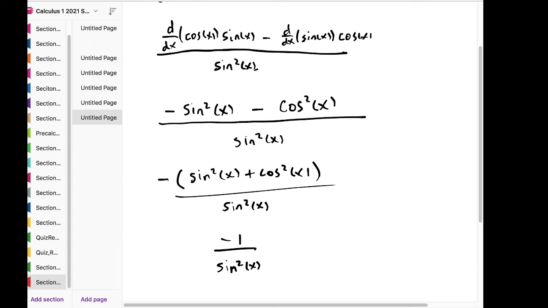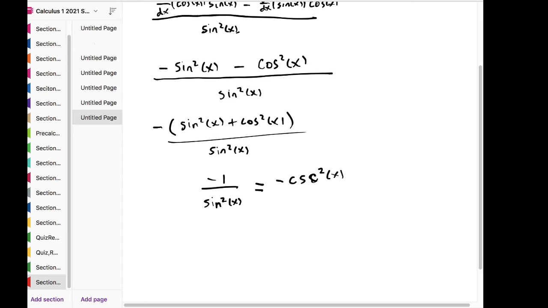And what's -1 over sine squared? Yep, negative cosecant squared. Okay, so that is the derivative of cotangent.